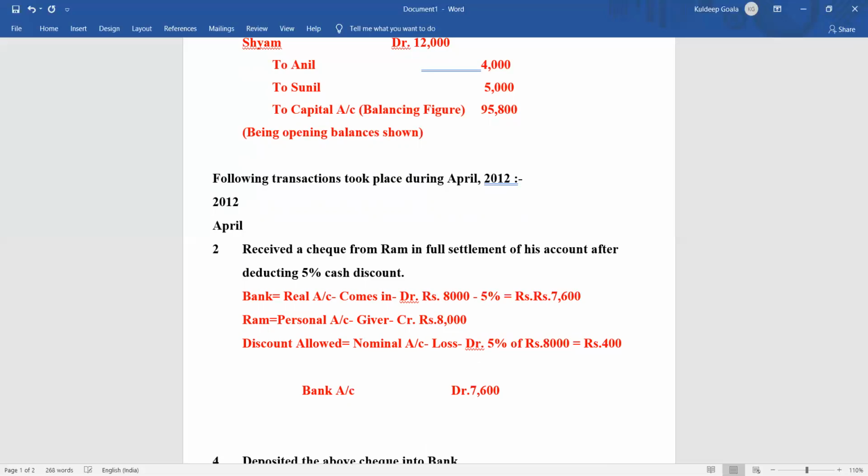Then discount allowed account debit, how much? 400. Okay, to Ram account is closed now, fully.